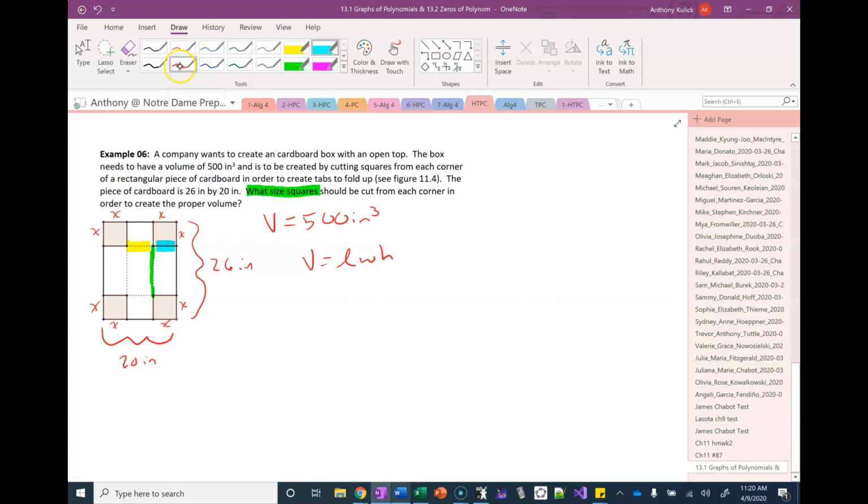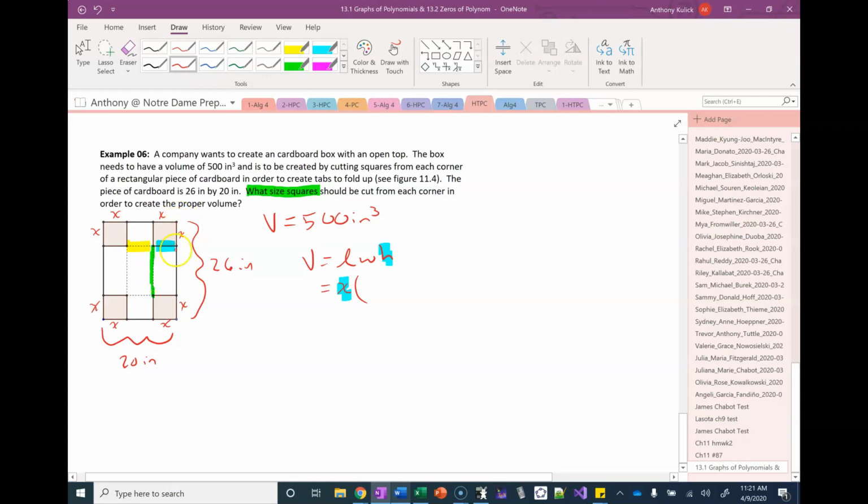Okay? So the height should be easy since this is a square. I know that that's just x. Now if I look at the width here, the green piece, we can figure out what that is in terms of x.